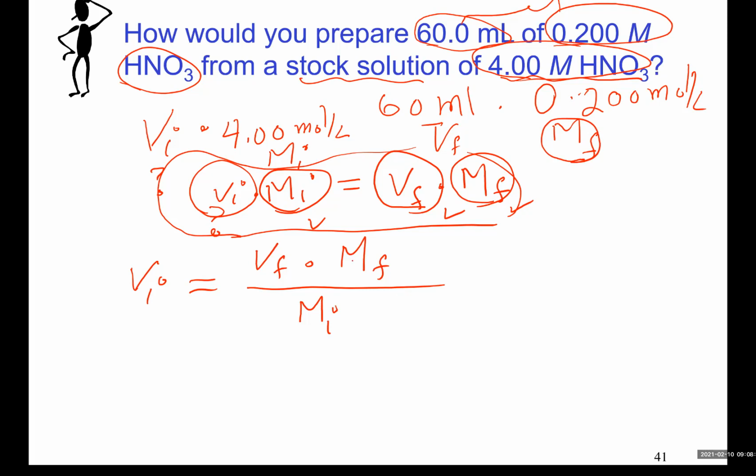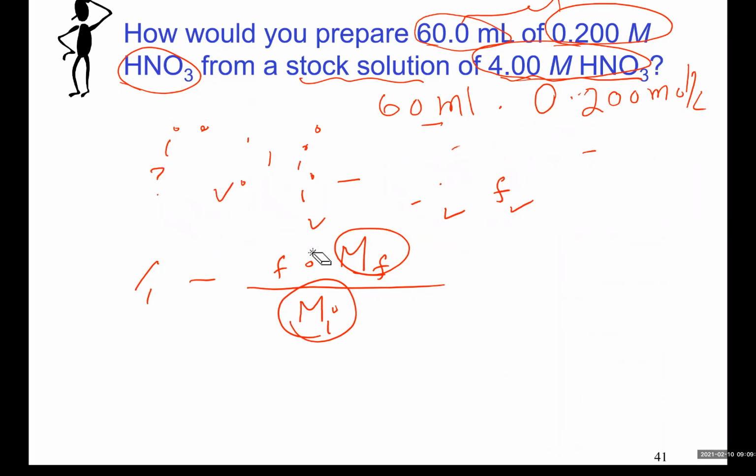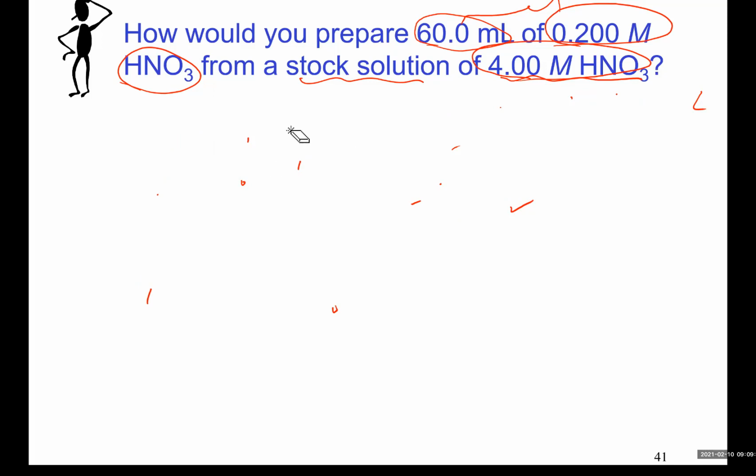So all I have to do is plug in the final molarity of the solution and final volume divided by initial molarity. Does this make sense? So let's try to do it. Let me clean up my board. Now that you understand the logic of solving this problem, I can show these steps one step at a time.